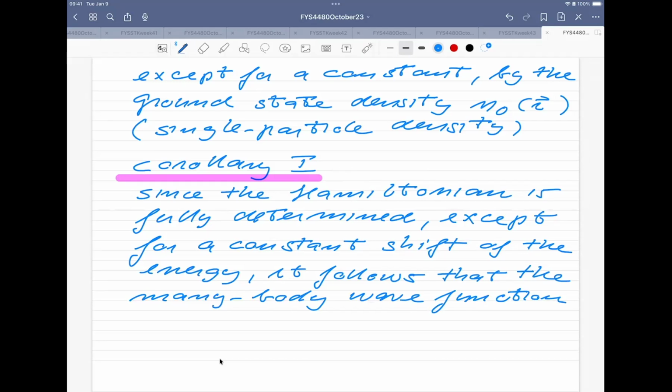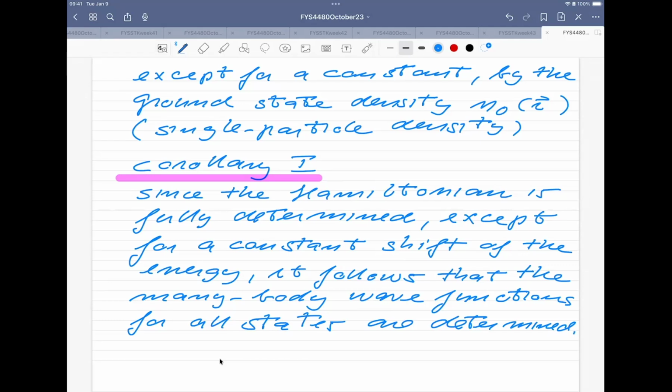So it follows that the many-body wave functions for all states are determined. That means that all properties of the system are completely determined when you know the ground state density.